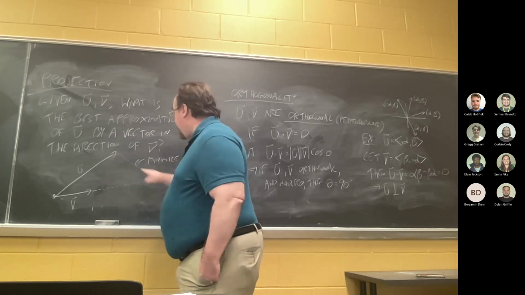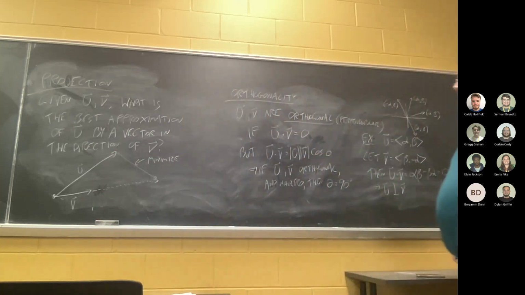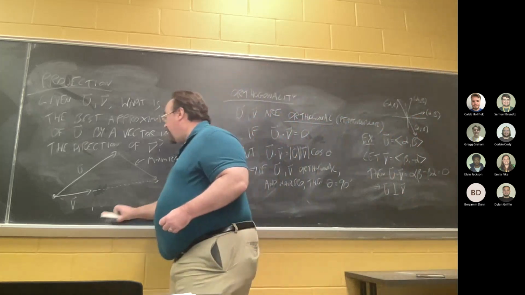So this gap between this vector and the dotted one, I want to minimize the length of that gap. So how can I do that?